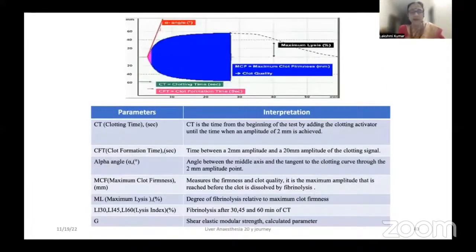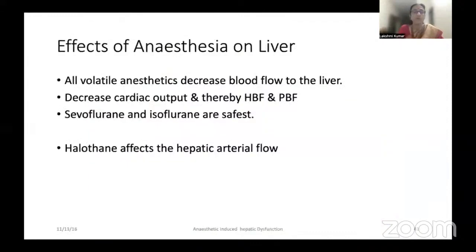Compared to a static test, the viscoelastic tests will tell you specifically the clot formation time, the strength of the clot, and the specific factors, whether it's platelets or fibrinogen, which is contributing to a poor clot formation.